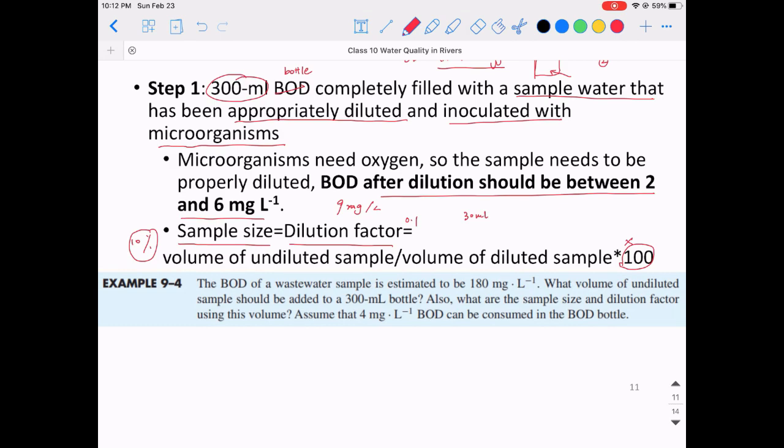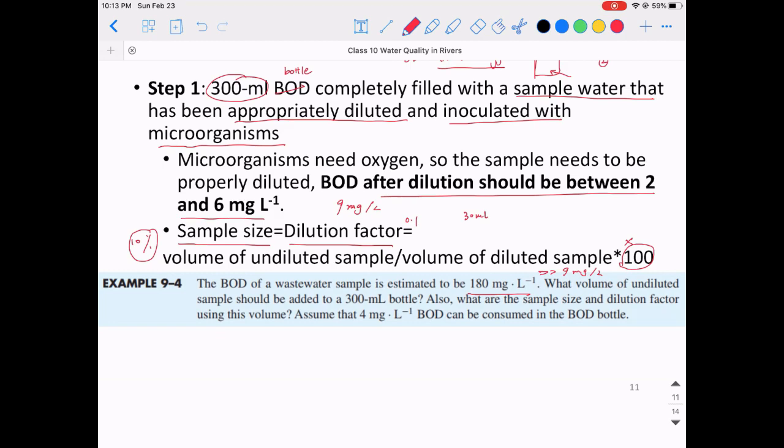Here's an example on how we can determine the sample amount we should put into this BOD bottle. Let's say the BOD of a wastewater sample is estimated to be 180 milligram per liter. We know that this number is much, much larger than 9 milligram per liter, right?